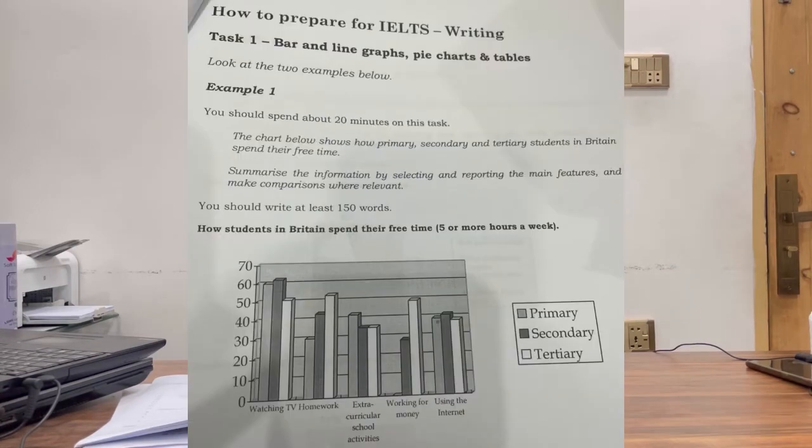Now how to do task 1, bar and line graphs, pie charts and tables. Spend about 5 minutes reading the graphs or charts and preparing your answers. Make sure you understand what the axes on the graph or percentages in the pie charts represent.